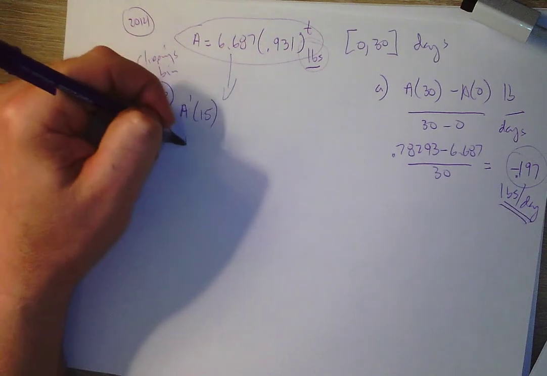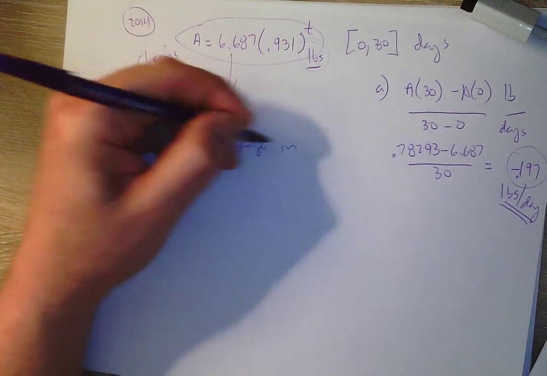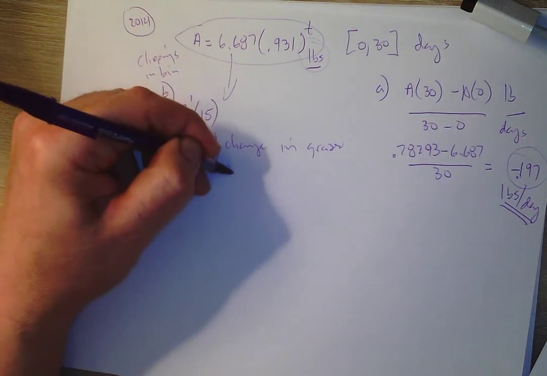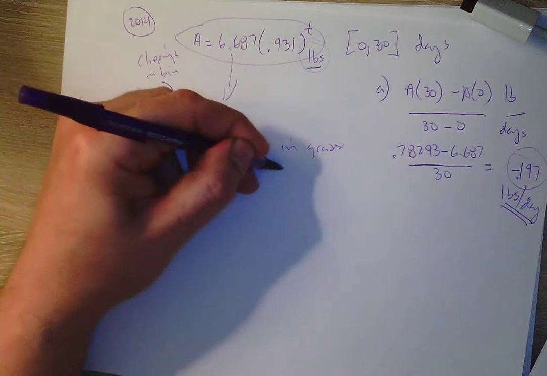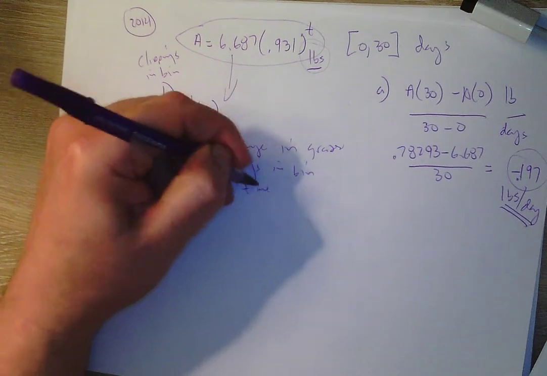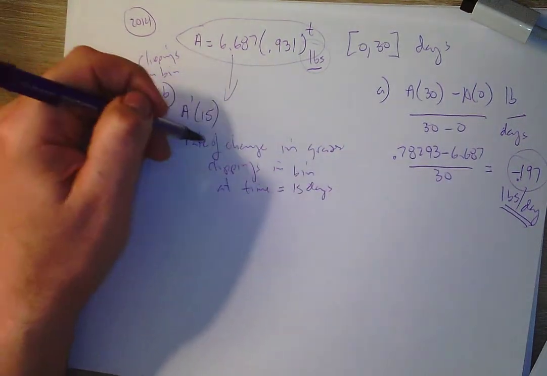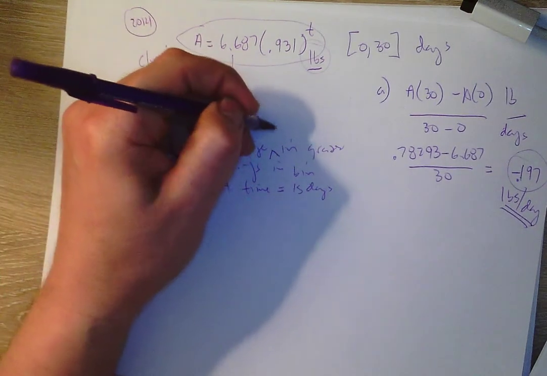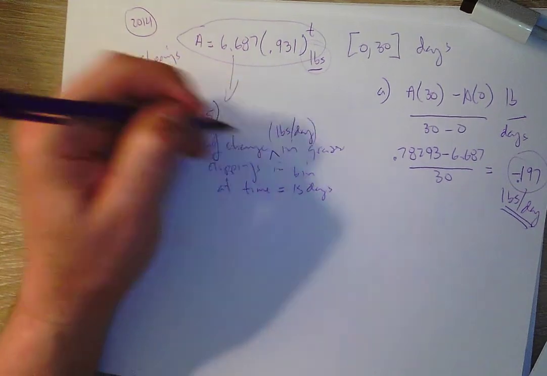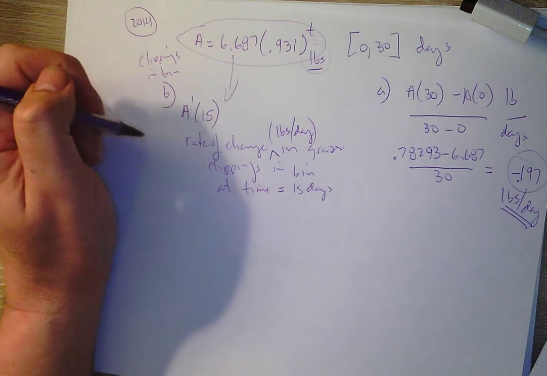A prime is going to be the rate of change in grass clippings in the bin at time equal to 15 days, measured in pounds per day.